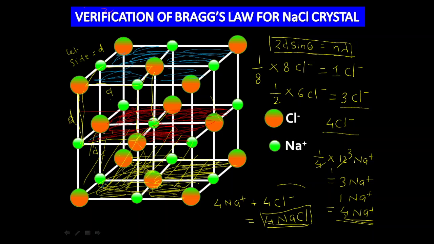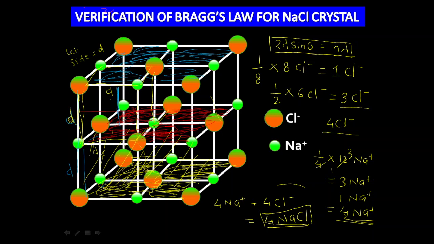So the distance between this middle plane and lower plane would be this much, that is D, because this is the side of the elementary cube. Similarly, the distance between this middle plane and upper plane is also D, the side of the elementary cube.